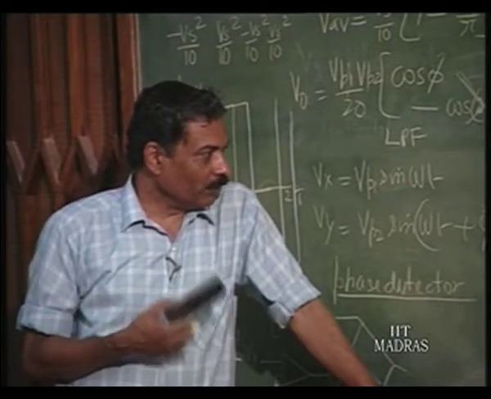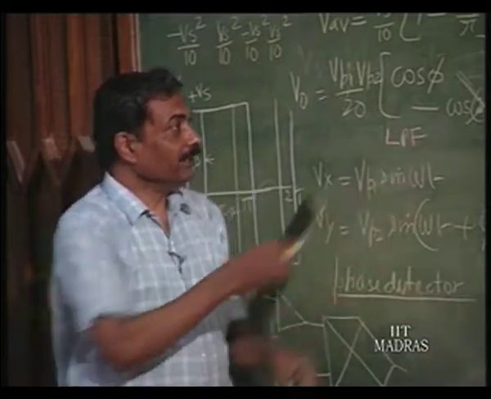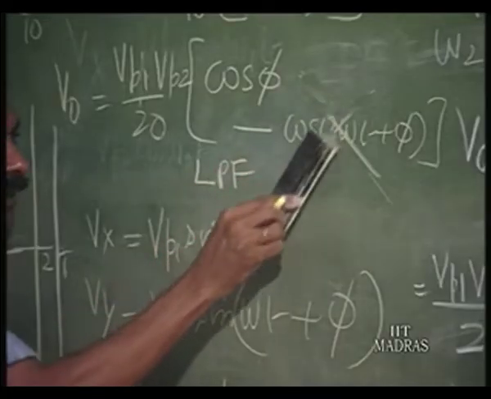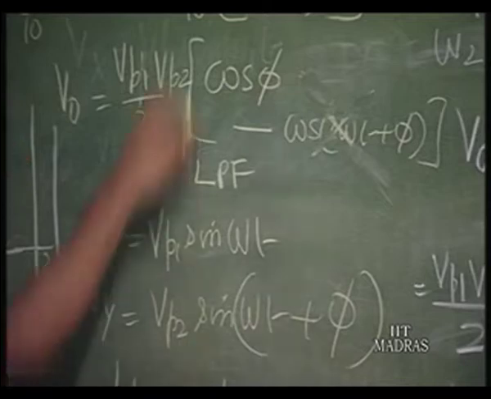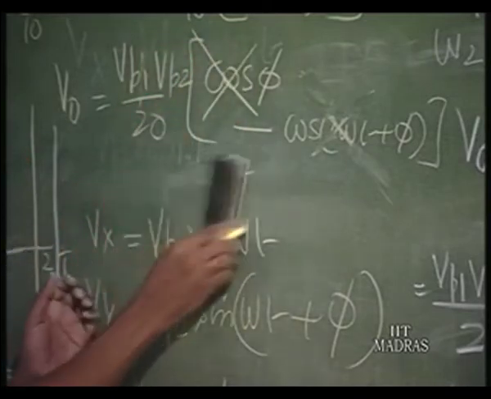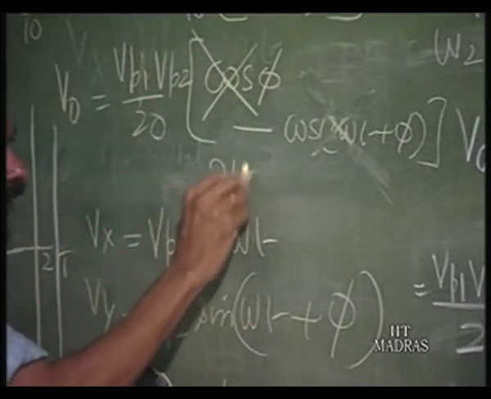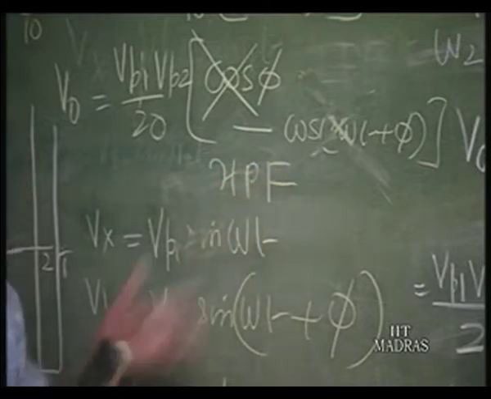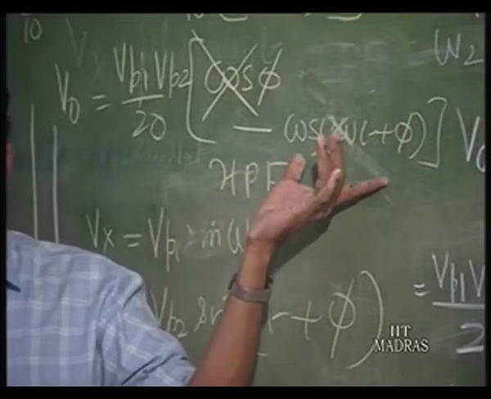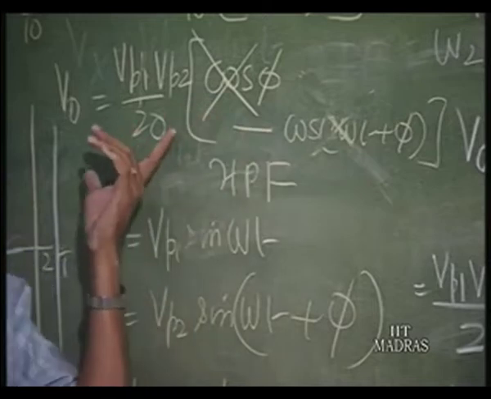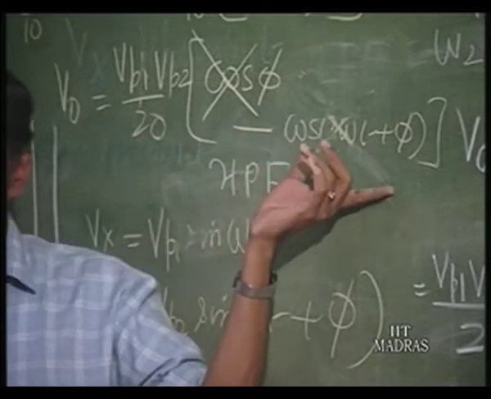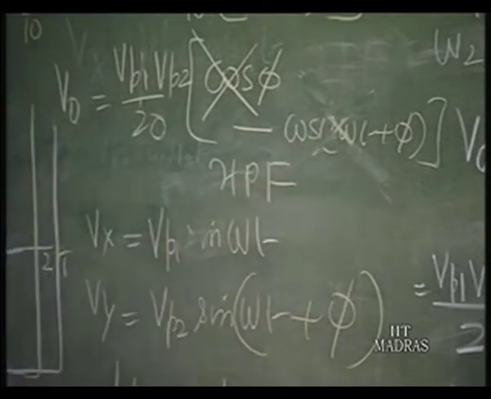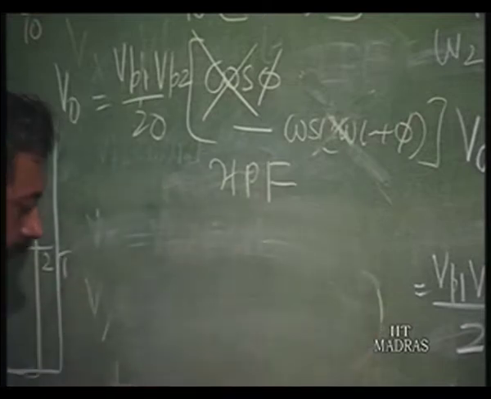Phase detector, wattmeter. Now, you can see that instead of taking the output cos phi, this can be eliminated by using a high pass filter. Only this can be taken. What is this going to give us? You have put omega as the input, you have got 2 omega as the output. This is called a frequency doubler.